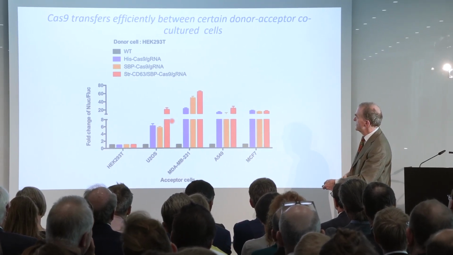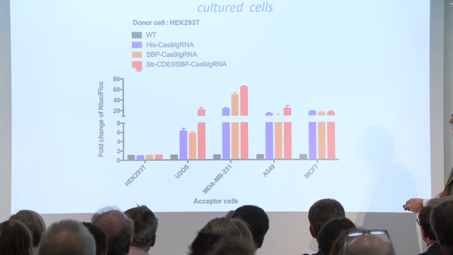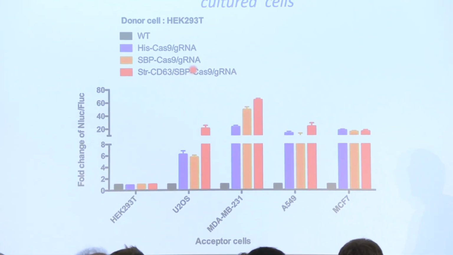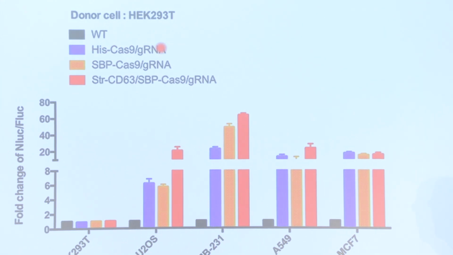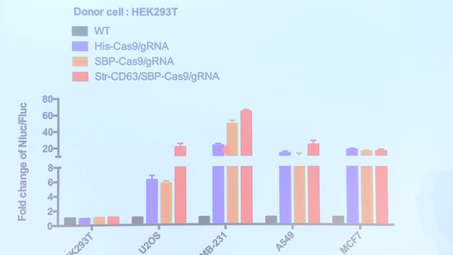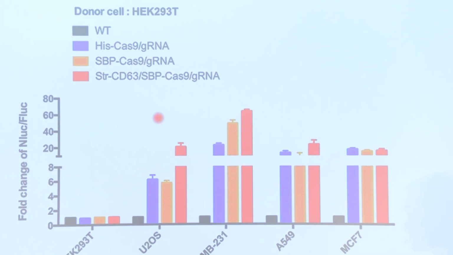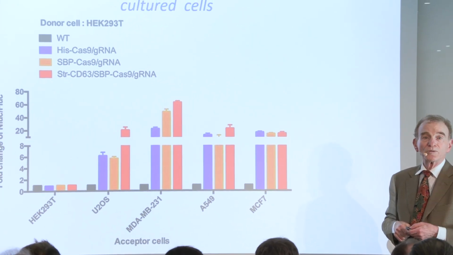And the 4 conditions that are shown in each incubation are different conditions. One where the 2 fusion cassettes are present, and one where just Cas9 is expressed by itself, not tethered to a membrane. And even under those conditions, when the acceptor cell line was a tumor cell line, at least a 20-fold increase in active N-luciferase was produced.